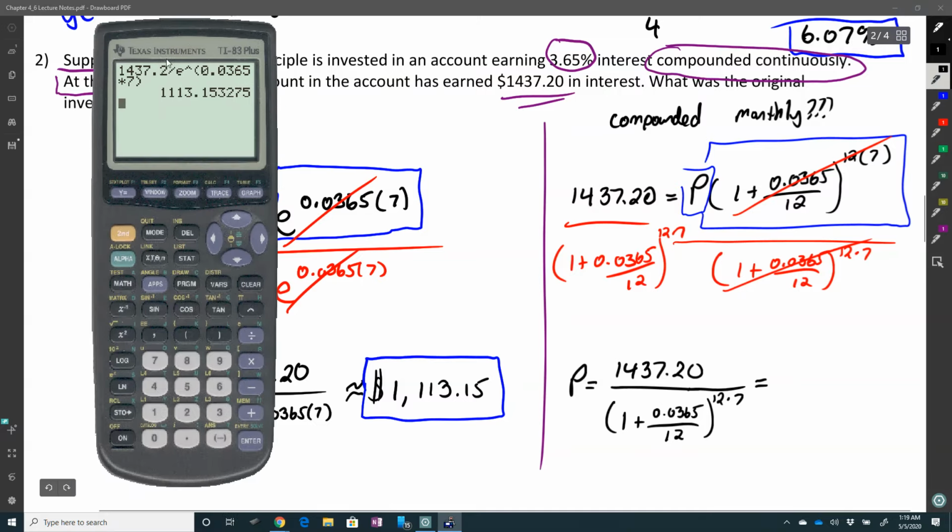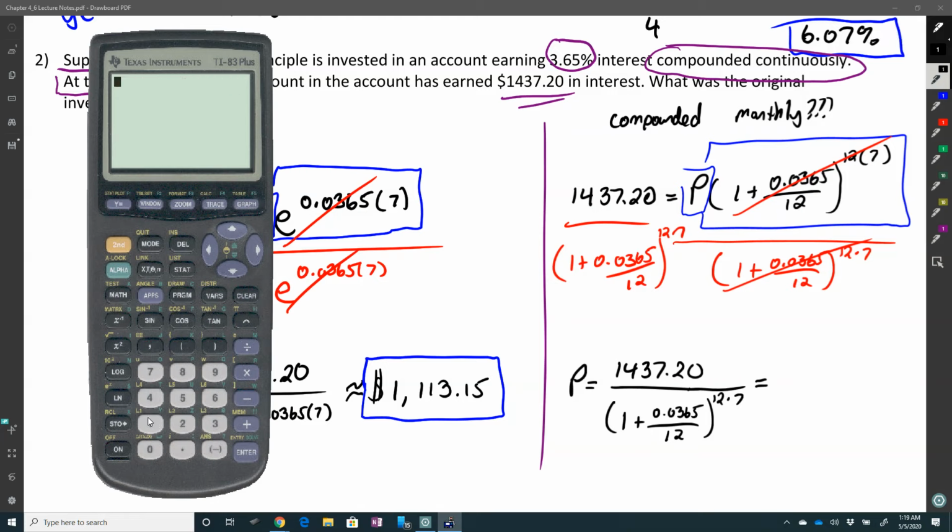And if I put that in my calculator, 1437.2 divided by, now here you have to open up the parentheses, 1 plus 0.0365 divided by 12, close parentheses, caret, open parentheses, 12 times 7, close parentheses again.